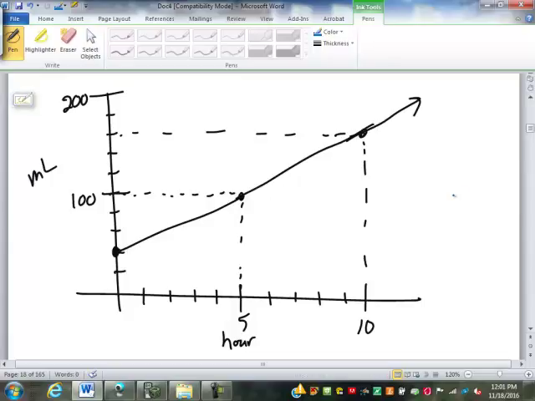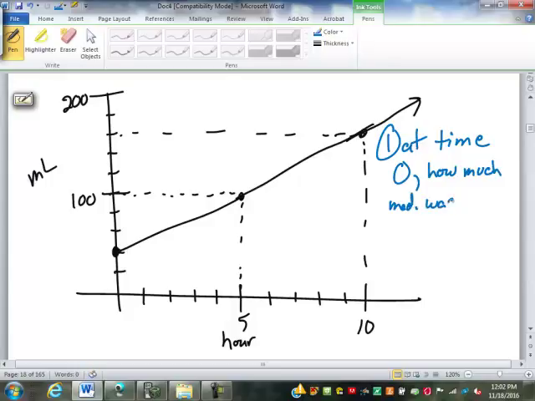So if I were to ask you some questions about this graph, the first one being, at time 0, or t equals 0, or 0 hour, whatever you want to describe it, how much medication was in the patient? So when we started keeping track here, how much medication was already in the patient?